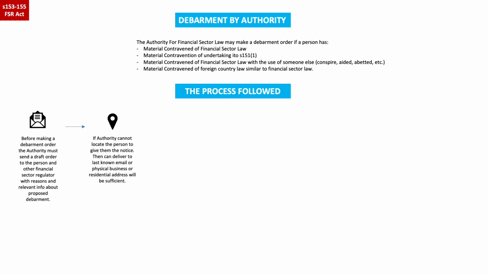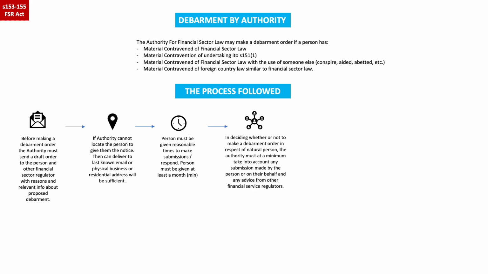If the authority cannot locate the person to give them the notice, then delivery of the notice to the last known email or physical business or residential address based on contact details on the records of the FSP will be sufficient. The person must be given reasonable time to make submissions in response. The person must be given at least a month at a minimum to respond.